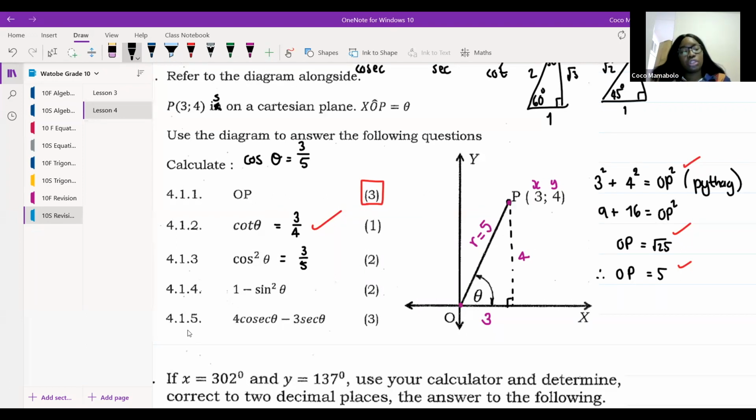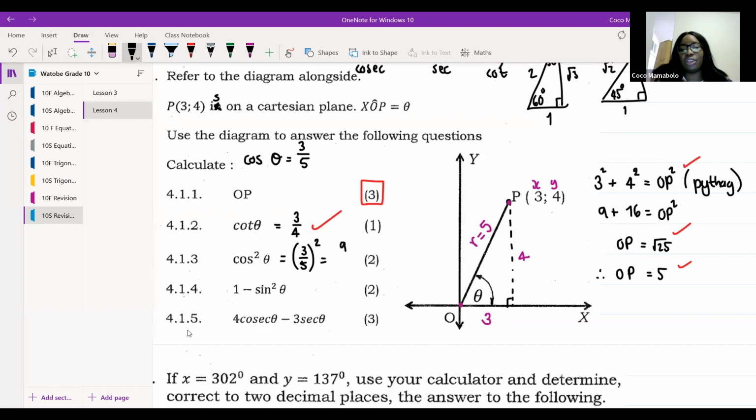But I don't want cos of theta. I want cos squared theta. So I'm going to take my 3 over 5 and square the whole thing. So what could my answer be? That's it.